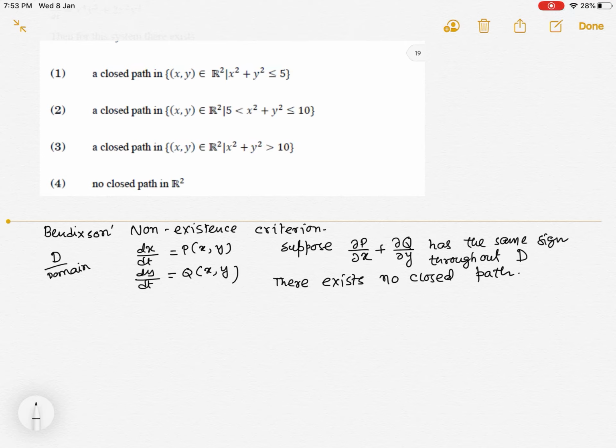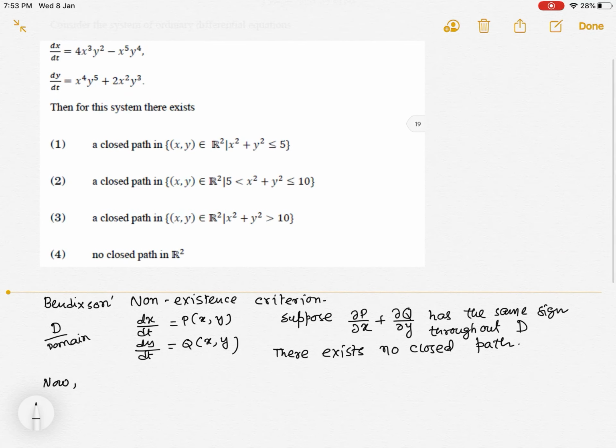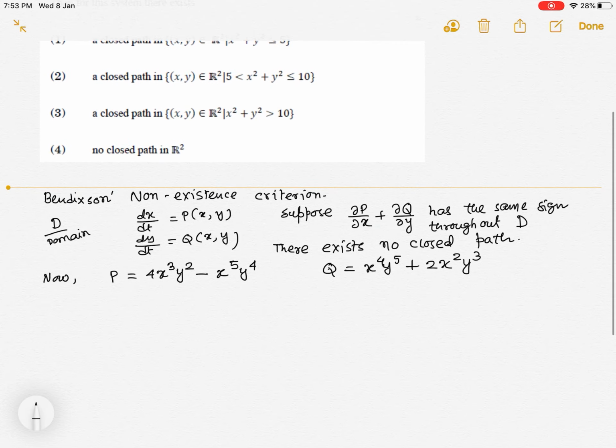Now let us solve the problem. Here we are given p = 4x³y² − x⁵y⁴, and q = x⁴y⁵ + 2x²y³.